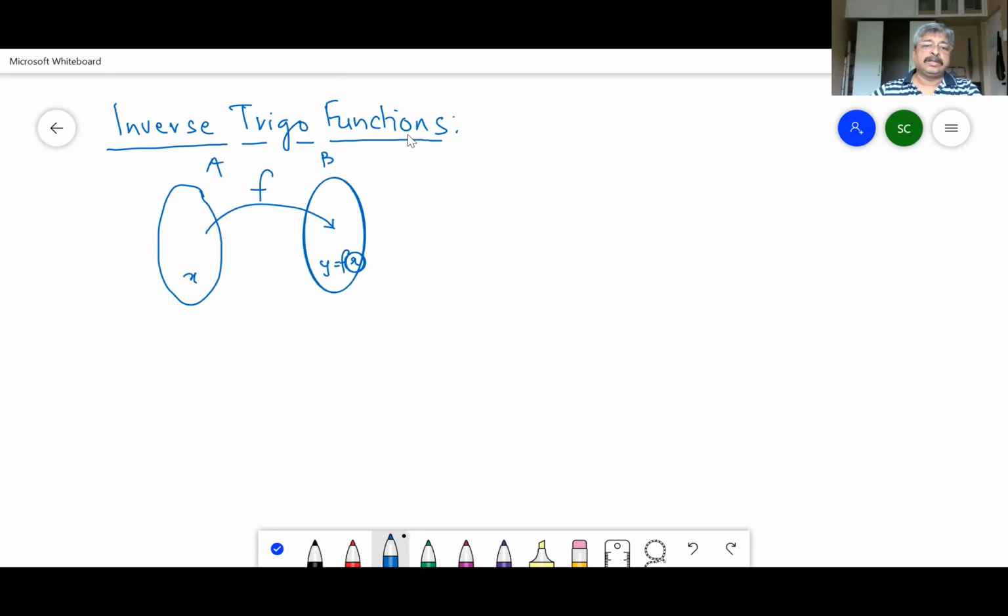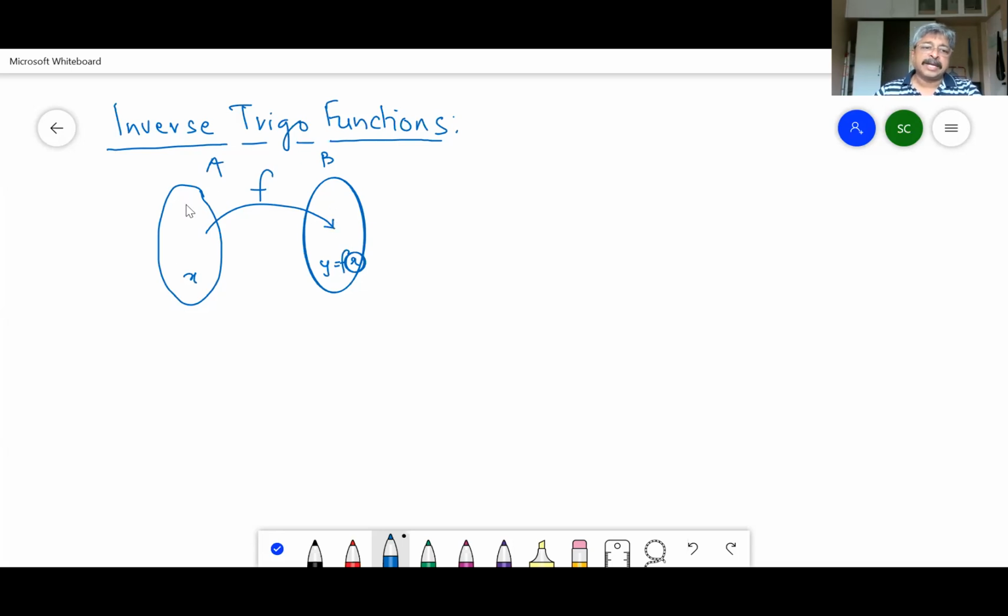Then we understood the difference between functions and relations, and the discipline for relations to become functions. The discipline is that every element in set A, in the domain, must be related to some element in the codomain.